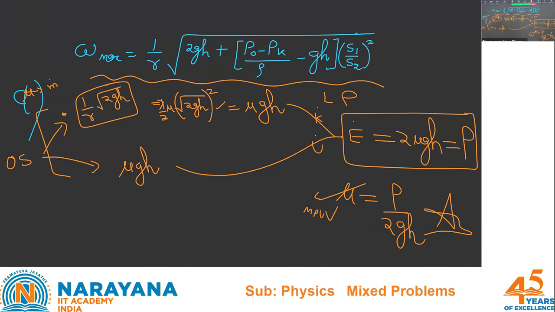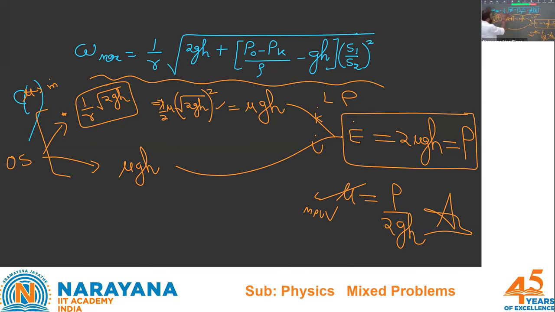I am saying that if you want to utilize your engine, which has a power of P, you have to supply mass per unit time times the gh term, you have to pump liquid up. The liquid that comes up will be given some omega, by virtue of which it will have some velocity of r omega while exiting from the holes, and some thrust V rel also. Now I am trying to decrement my kinetic energy to the minimum.